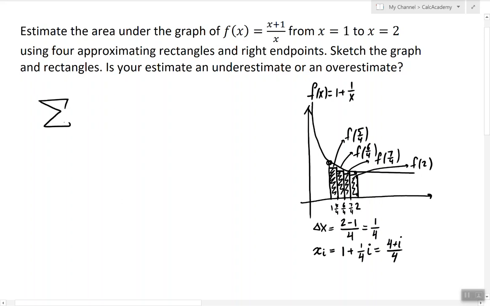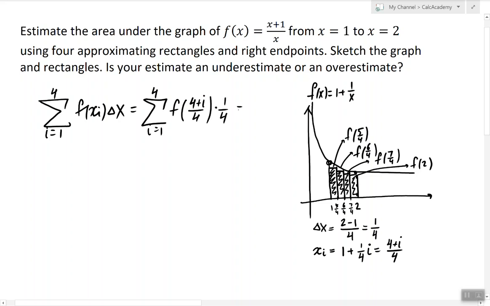So we have the sum, i goes from 1 to 4, of f(xi) times delta x. And in our case, we have the sum of 4 areas, and each one is f((4 + i)/4) times delta x, and delta x is 1/4.